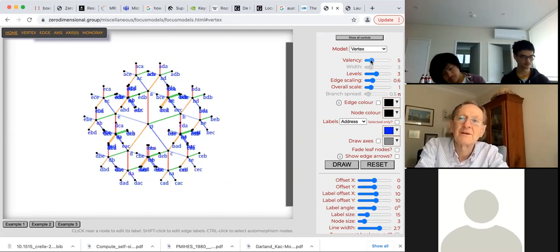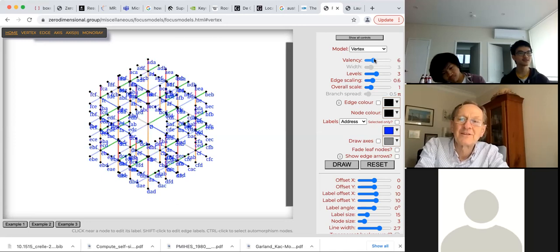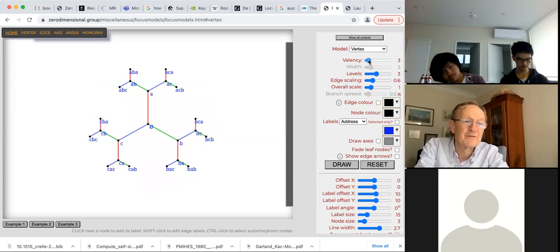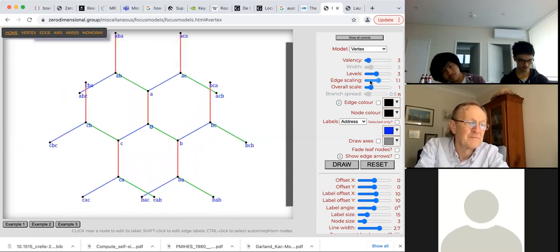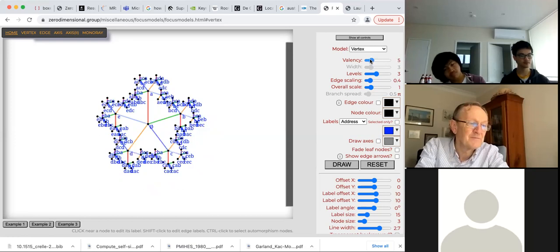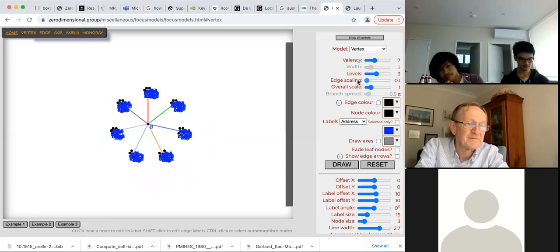So you can increase the valency and number of levels, the edge scaling. As you increase the valency, you need to change the edge scaling. Perhaps we should try to get rid of the labels.